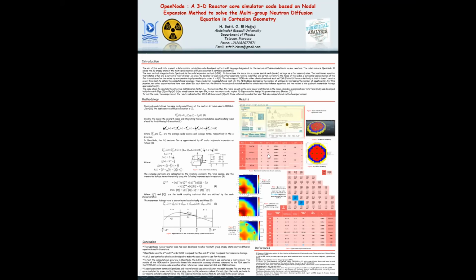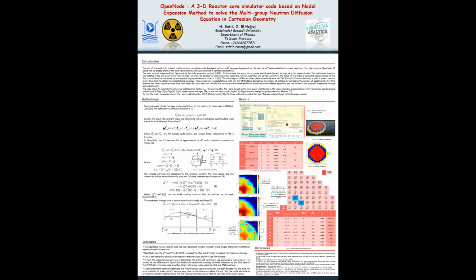This table details the two-group cross-section data for all materials that describe the assemblies, and this table represents the result of the effective multiplication factor obtained by our code for different polynomial orders, as well as the node size, and compared with other reference code.